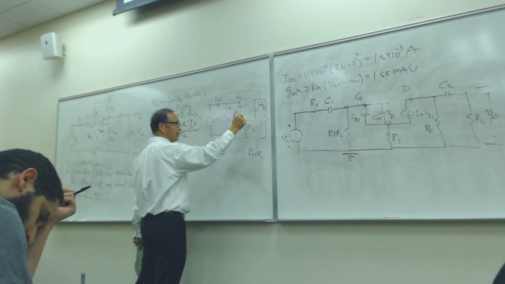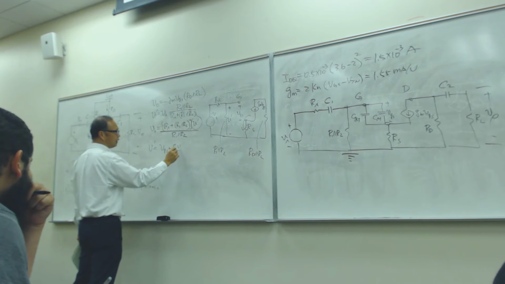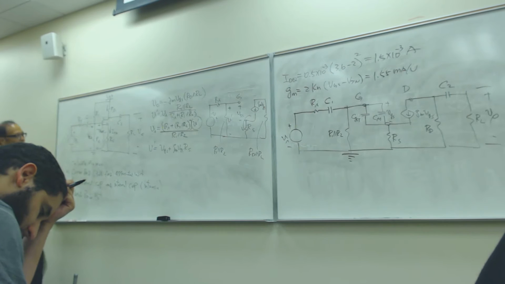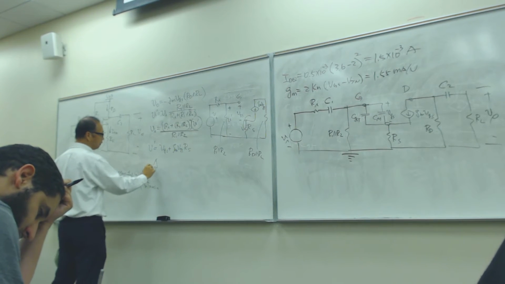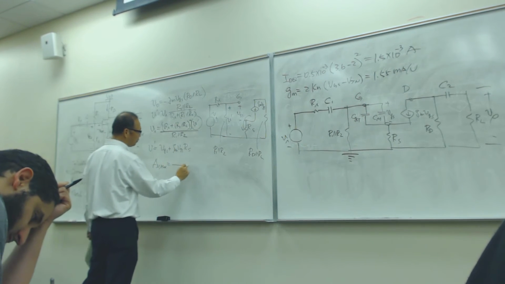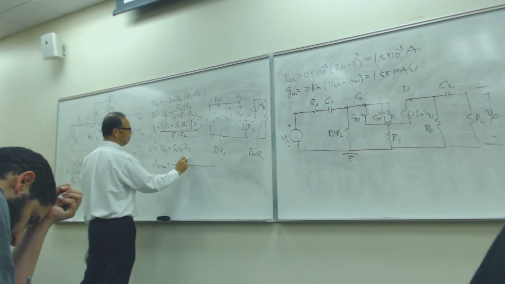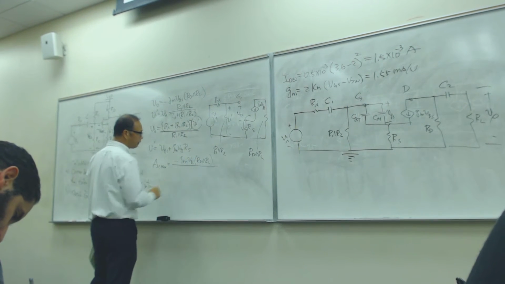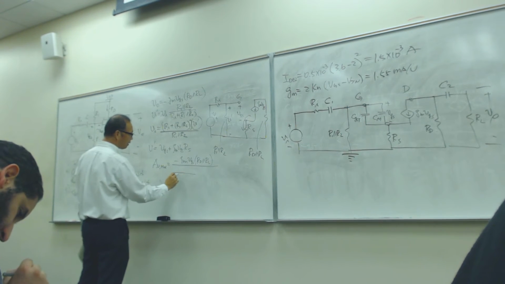plus that current, which is g sub m VGS R sub S, correct? So you put this in, you take the ratio. So A sub V max will be equal to V sub O on the top, so minus g sub m VGS R D in parallel with R sub L divided by V sub I. Yes, this guy.